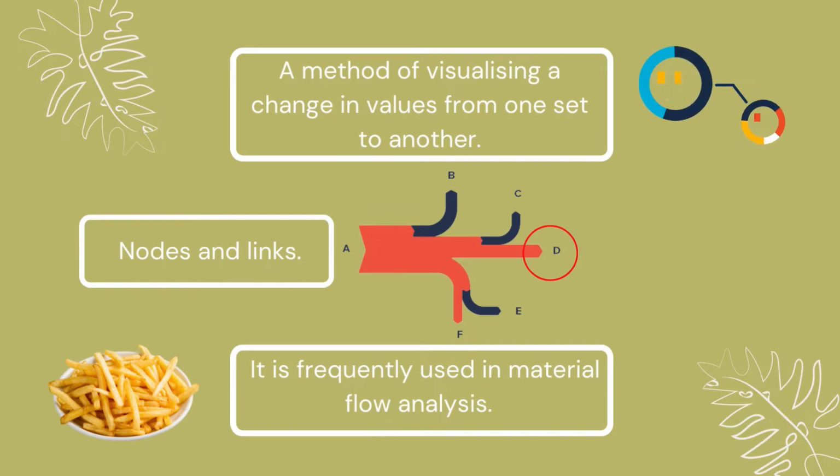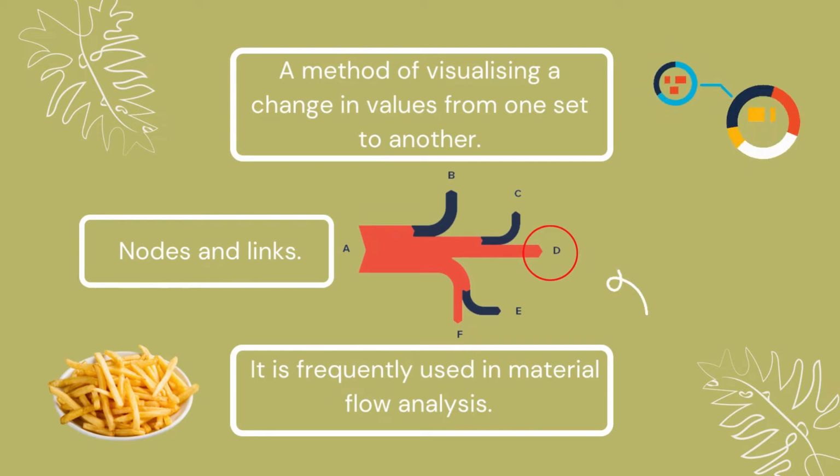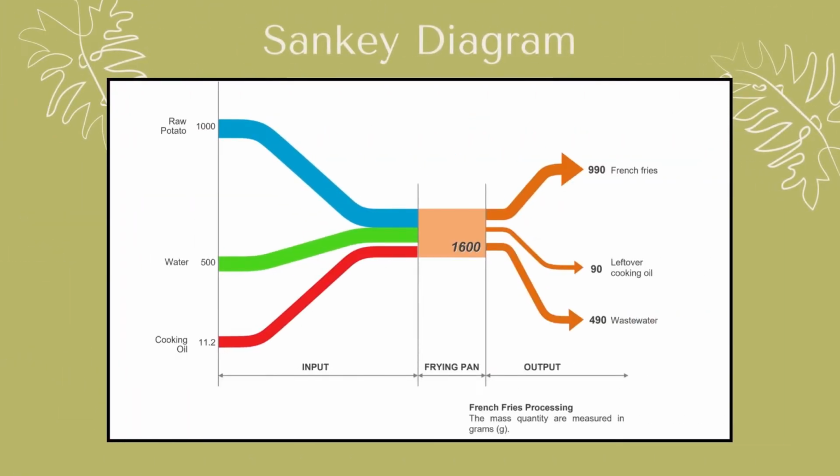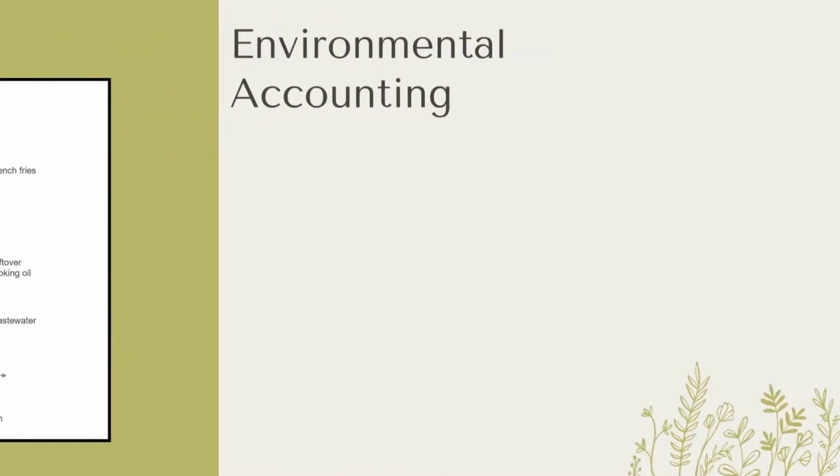It is frequently used in material flow analysis because it can visually depict material and mass flows. For example, the food processing of French fries. This is the Sankey diagram for French fries processing. From the Sankey diagram flows, we can determine the efficiency of making French fries.